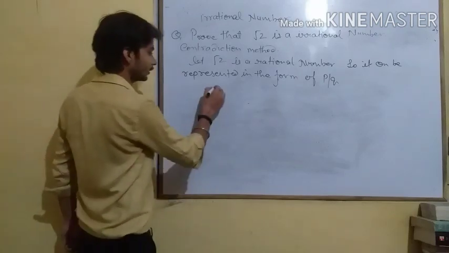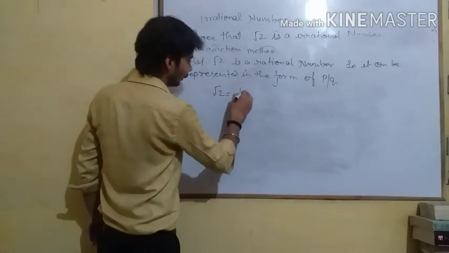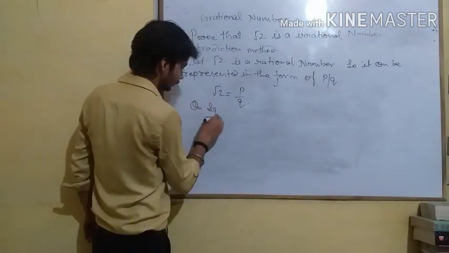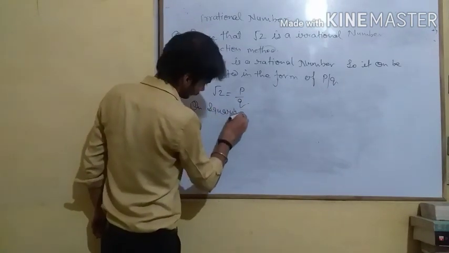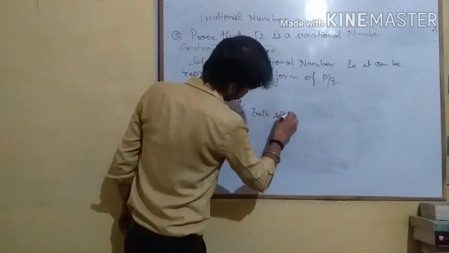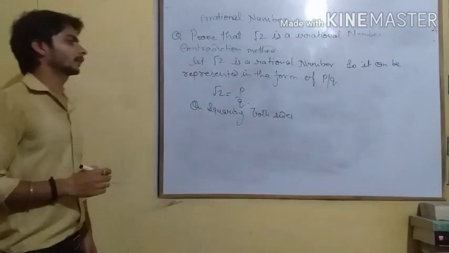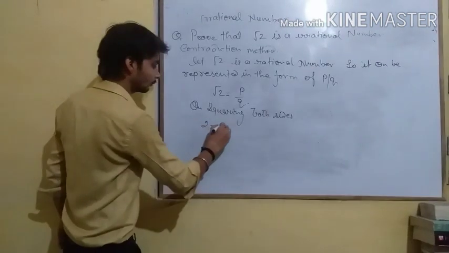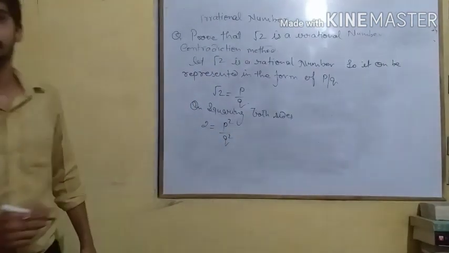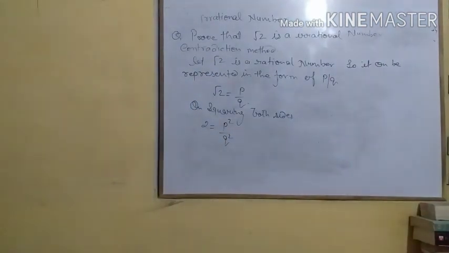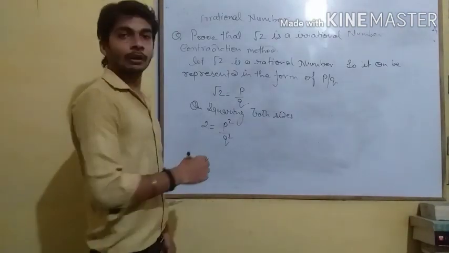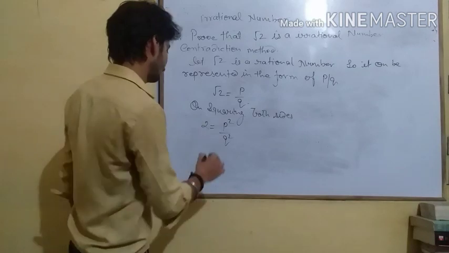So we will write here root 2 is equal to P upon Q. On squaring both sides, we get 2 is equal to P square upon Q square.